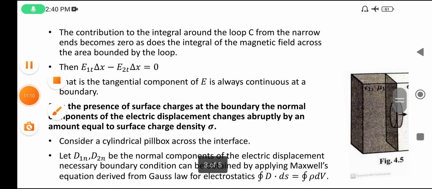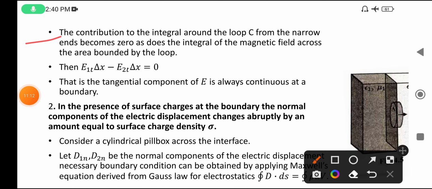The contribution to the integral around the loop C from the narrow ends becomes 0, as does the integral of the magnetic field across the area bounded by the loop. So the integral of E dot dl equals 0.